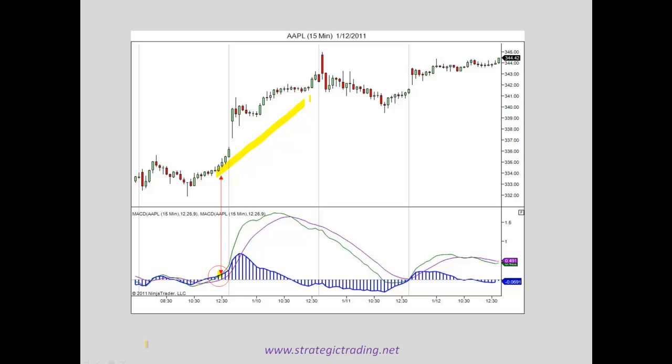I want to take just a few quick moments to caution you about how to interpret the histogram above and below the zero line. There are times when some people will believe that simply because the histogram is below the zero line, it means that prices are dropping. But in this case, you will see that even though the bars were below the zero line, prices did not drop.